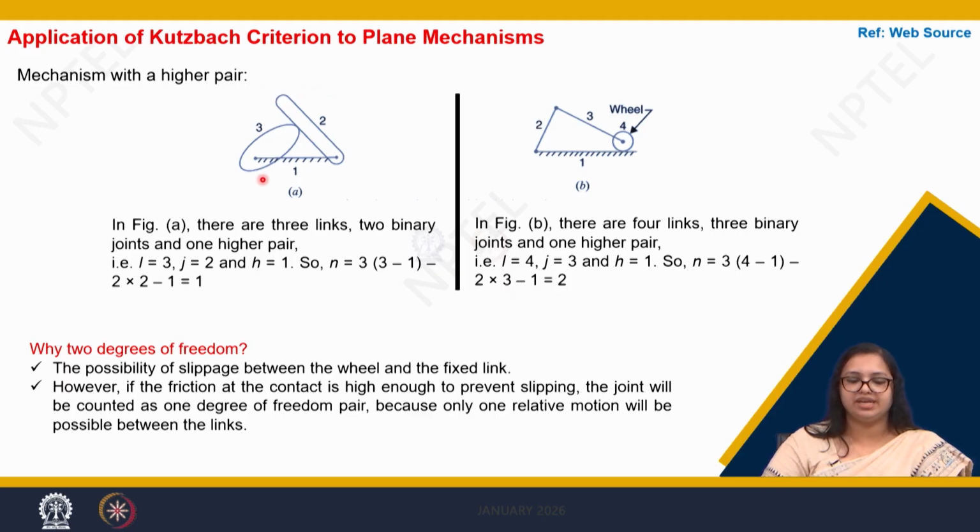Well, when we talk about the Kutzbach criterion with higher pairs, let's say here we have a mechanism something like this, which you will be very well seeing in the power supports that are being used in underground machineries in longwall mining. There you would be seeing a lemniscate linkage, which is based on a 3-bar mechanism.